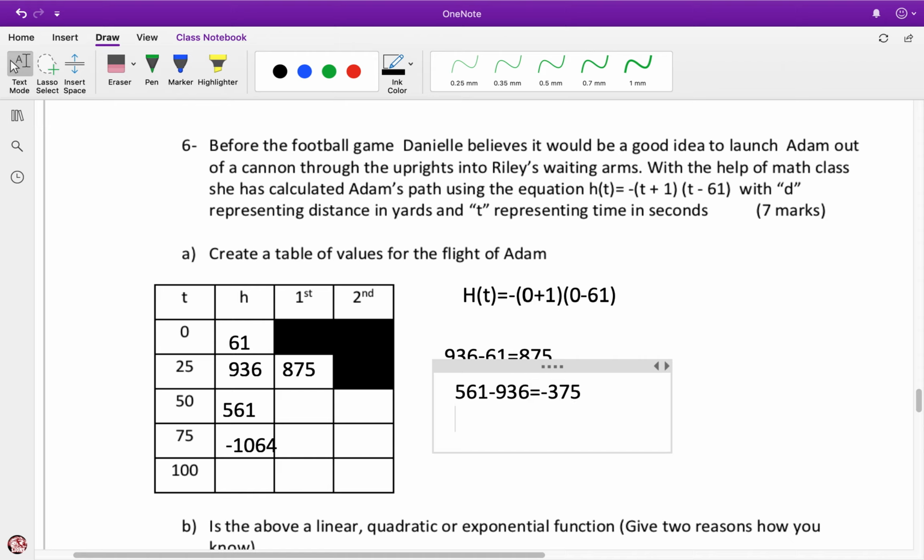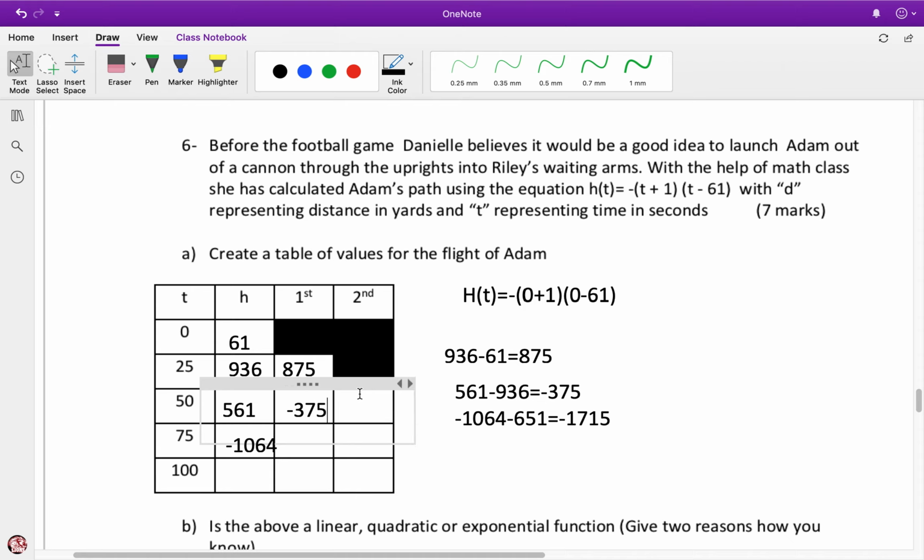And I'm going to do the second one as well, since I'm already here. Alright, so this was negative 375. The one that followed is negative 1715. Let's do second differences now.